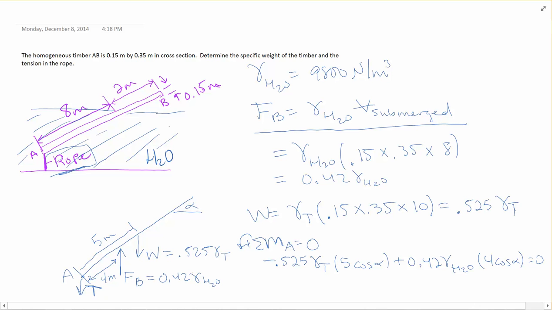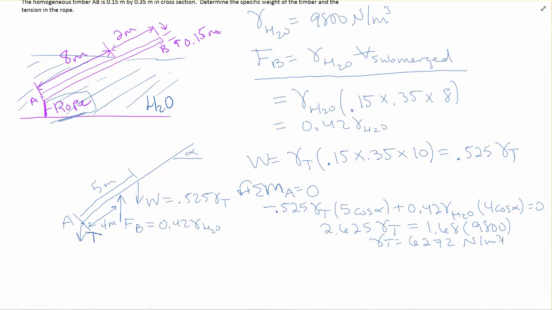So if you multiply all of this out, and then we plug in gamma H2O because we know what that is, we're going to end up getting 2.625 times gamma sub T equals 1.68, and then plug in the 9800 for gamma for water. And what that gives us is a specific weight of the timber of 6,272 newtons per cubic meter. So there's the first part of our answer.